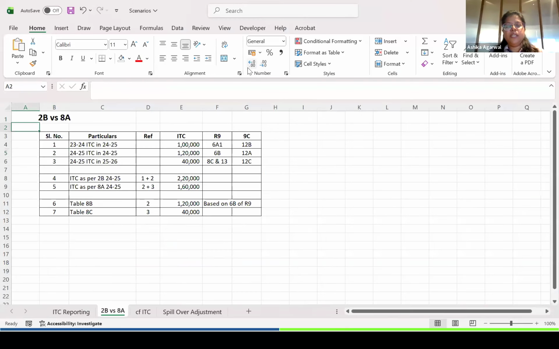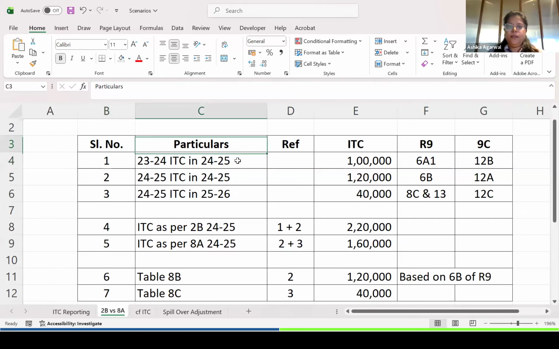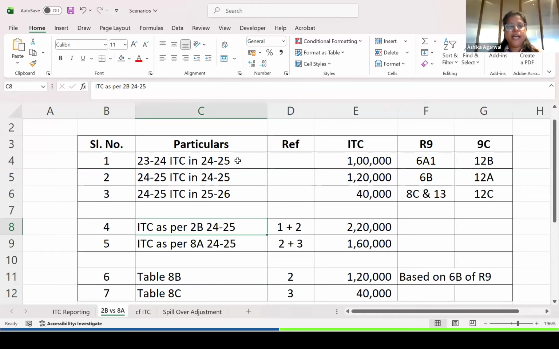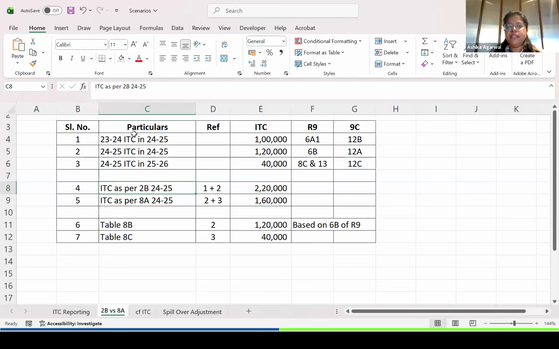This is one example to explain it. Suppose this is my ITC as per 2B. Here I am doing the comparison to show how the 2B ITC will be calculated and how 8A will be calculated.